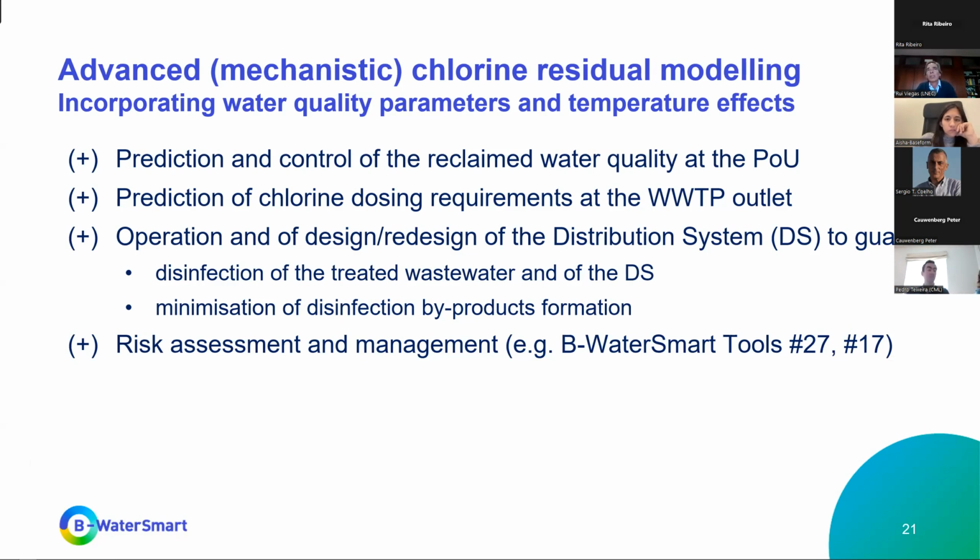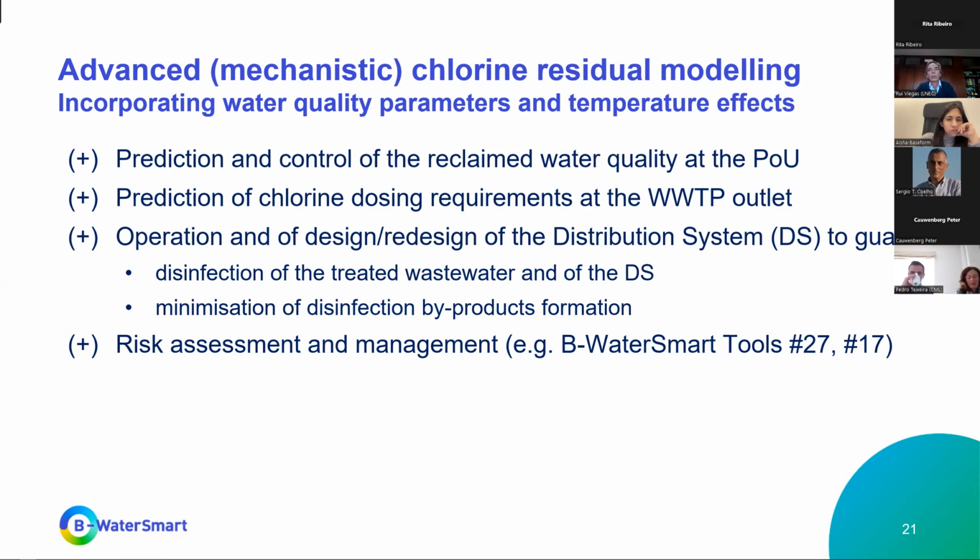They allow us to predict the chlorine dosing requirements at wastewater treatment plant outlets, because if we know the chlorine at the point of use, we can design the chlorine dosing for the wastewater treatment plants. They can help in the operation and design of the distribution system so as to guarantee a disinfection of the treated wastewater, and of the distribution system, and also for minimizing disinfection byproducts formation.